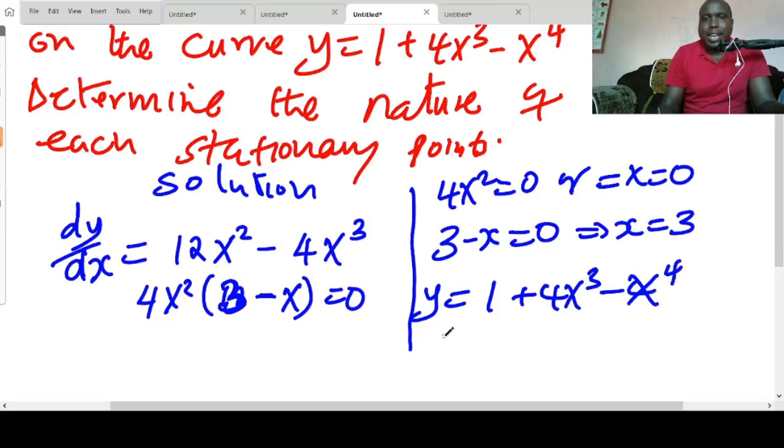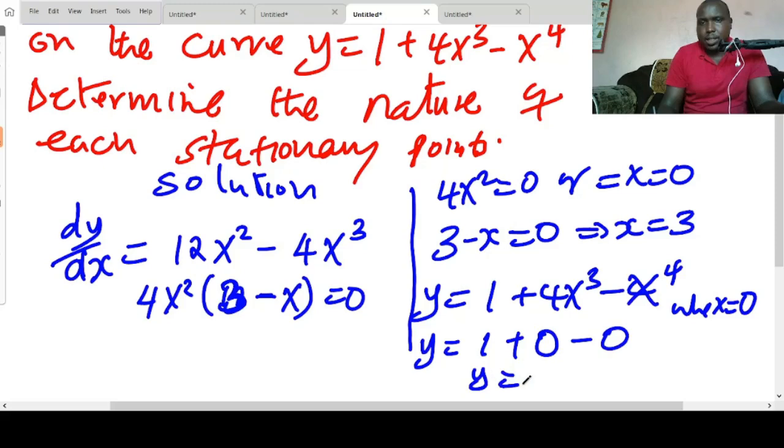When x is equal to 0, you substitute, this one will be 0 minus 0. So y will be 1. So the point will be 0, 1. That is the point.